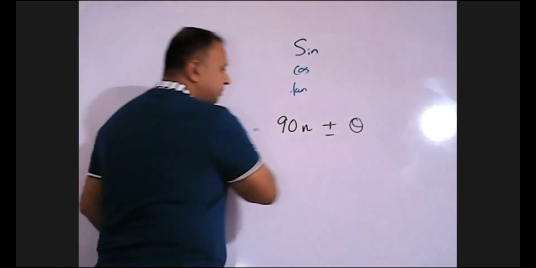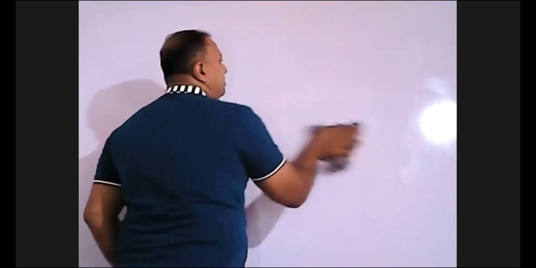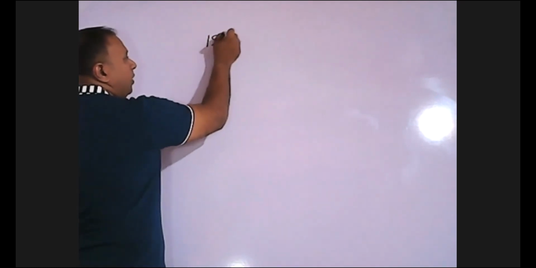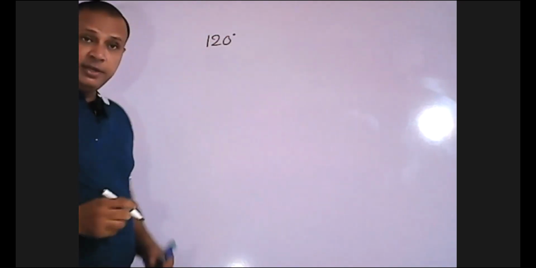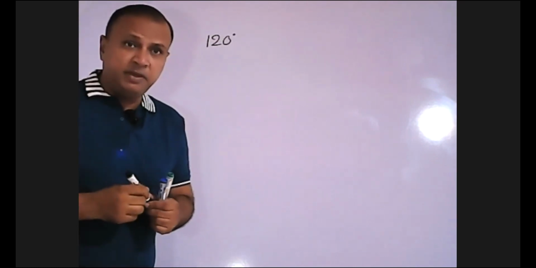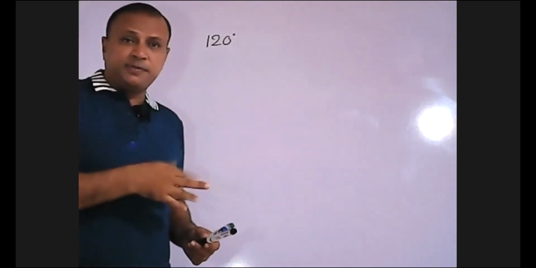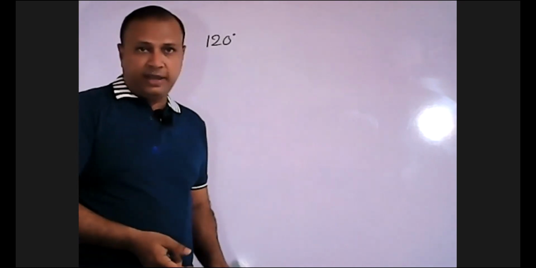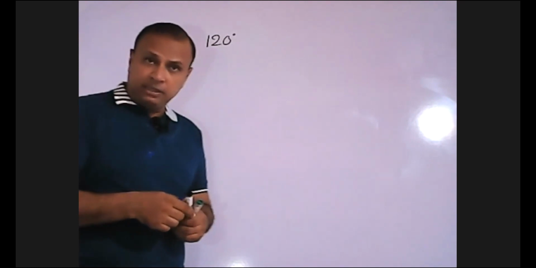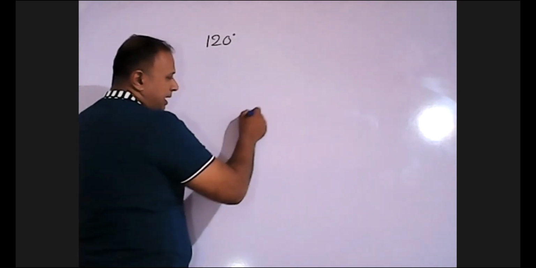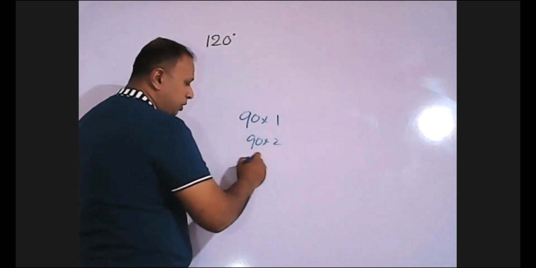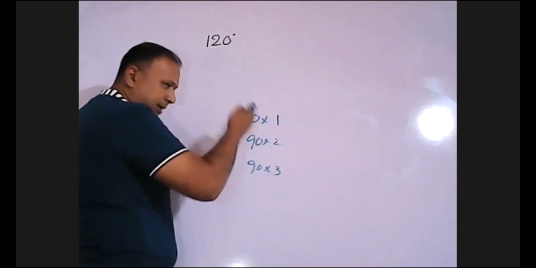As an example, suppose you have to represent 120 degrees. So 120 degrees can be represented as an addition or subtraction between an acute angle and an integral multiplication of 90. Integral multiplication of 90 means 90 into 1, 90 into 2, 90 into 3, likewise.